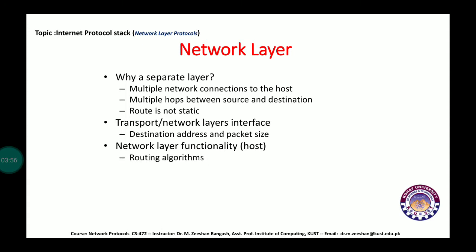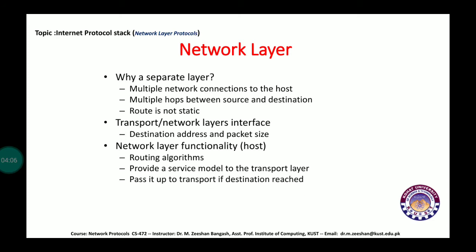The network layer functionality includes routing algorithm services and the service model to the transport layer for communication, and it passes data or packets to the transport layer if it reaches its destination.